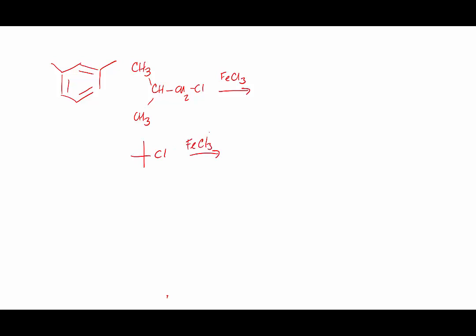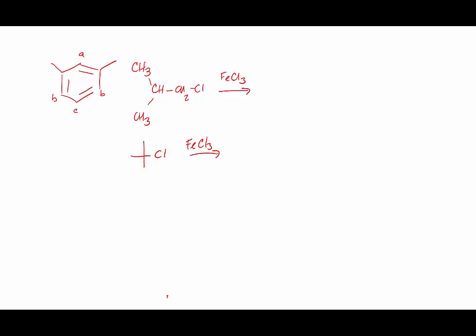I usually do this in my second semester sequence, and then we take the NMR of the product, we take the IR of the product, and we try and figure out what the substitution pattern is. In other words, where did the tertiary butyl go? Did it go to A? Did it go to B? Or did it go to C?